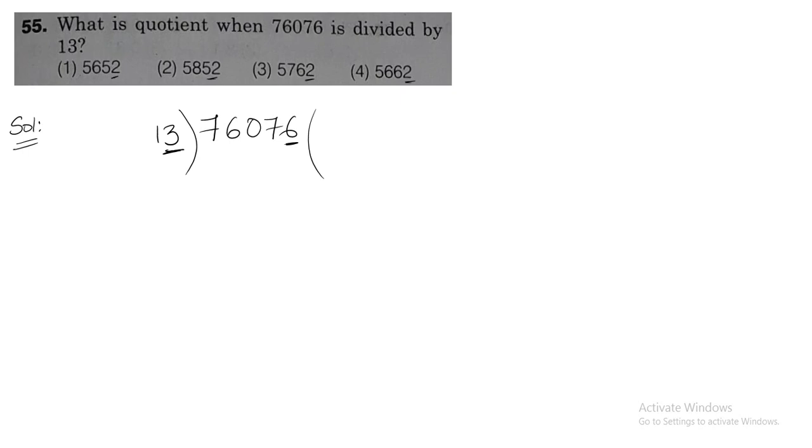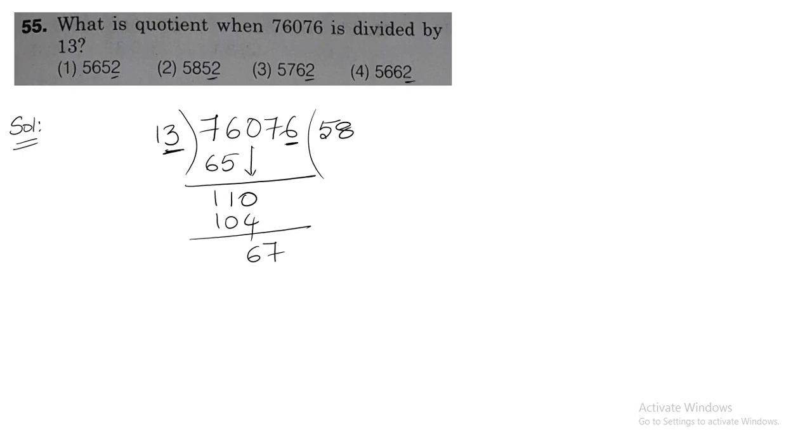Now multiplying the values, what am I going to get? 13 4s are 52, 13 5s are 65. Now 6 minus 5 is 1, so 11 is the remainder. In the next step, this 0 will get down, and 13 8s are 104.